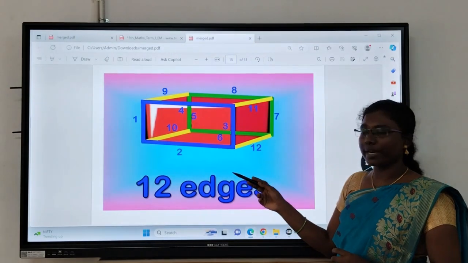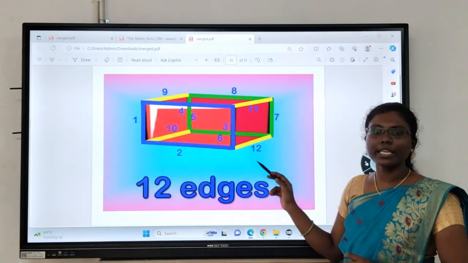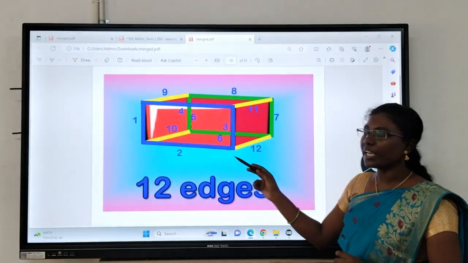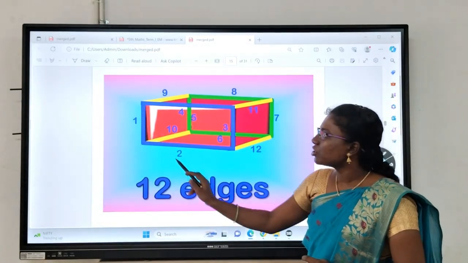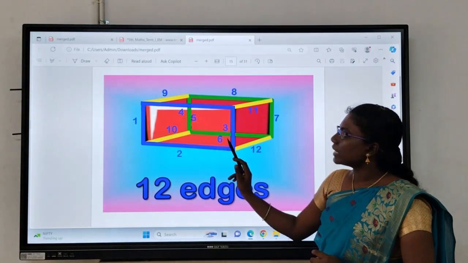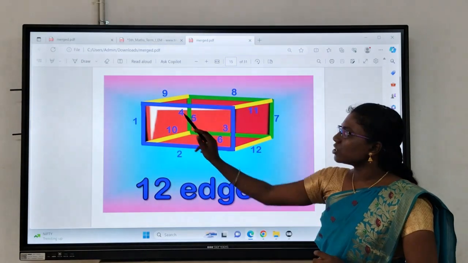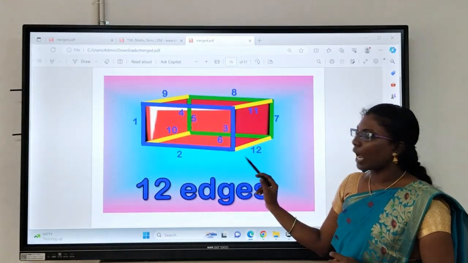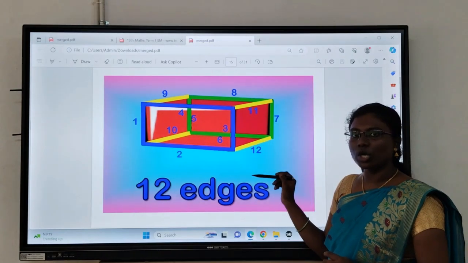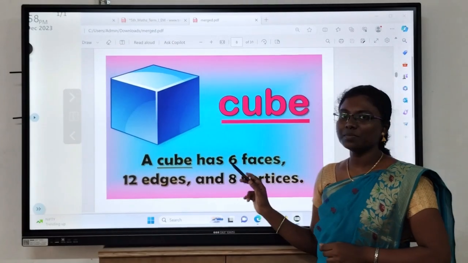As I told you already, there are 12 edges in cuboid shape. Shall we count? 1, 2, 3, 4, 5, 6, 7, 8, 9, 10, 11, and 12. So these are the 12 edges in cuboid shape.